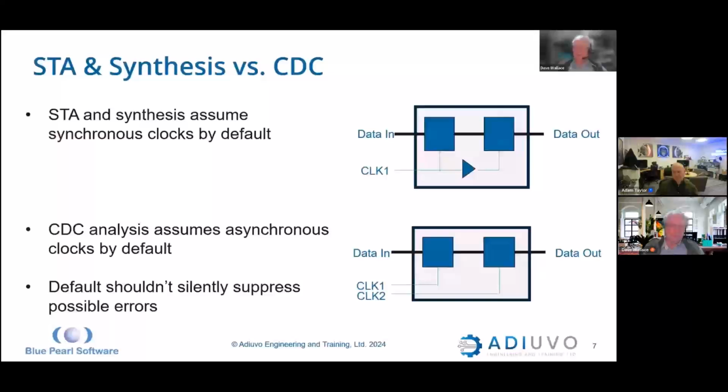And in general, we don't want the default in either case to silently suppress possible error. It's one thing if you have somebody actually look at it and say, yes, this clock is asynchronous, these clocks are synchronous, but you don't want to introduce a clock and have your tool have default assumptions that will lead it to be silent about real errors in your design that can later trap you.